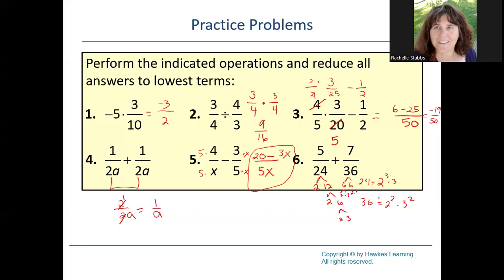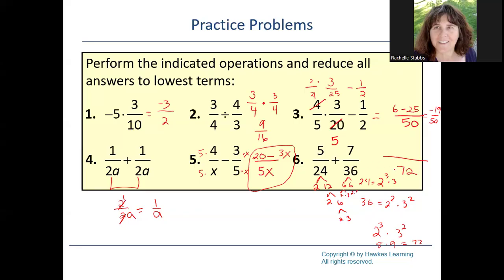So my players are 2s and 3s, and their highest powers are a cube here and a square here. So 8 times 9, which happens to be 72. So 72 is my denominator.